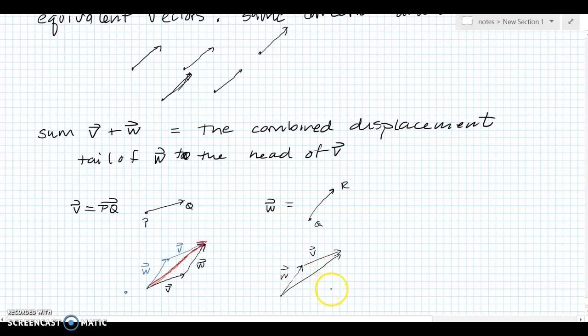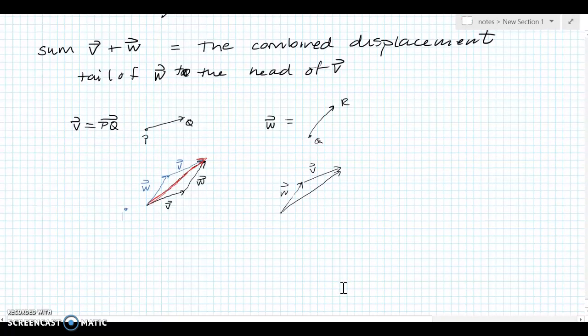So we can do the difference too. And the difference has just a slightly different way of looking at it.